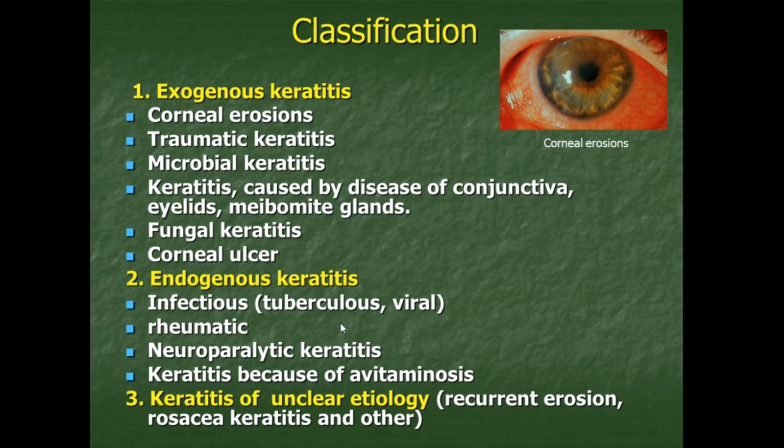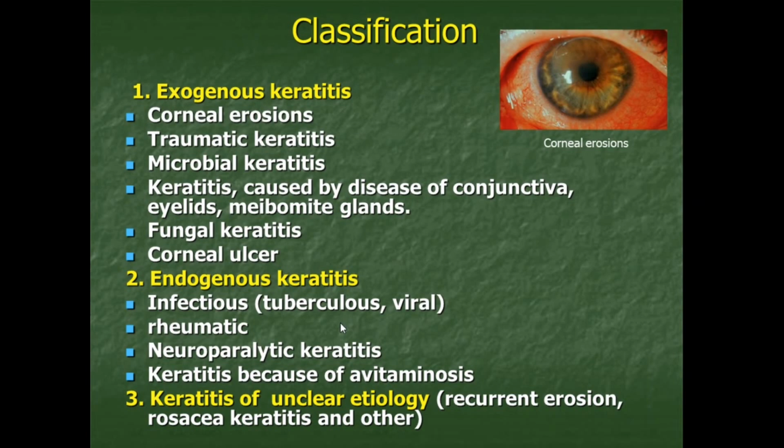Exogenous keratitis is when a bacterial agent or other agent comes to the eye from outside. And endogenous keratitis is a situation when the pathological agent comes to the eye from the patient's body.